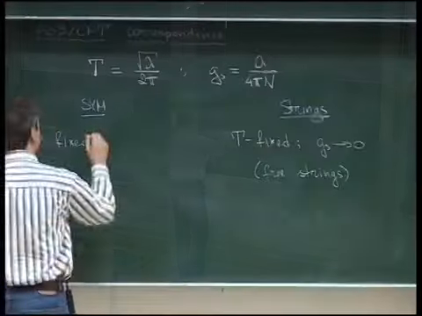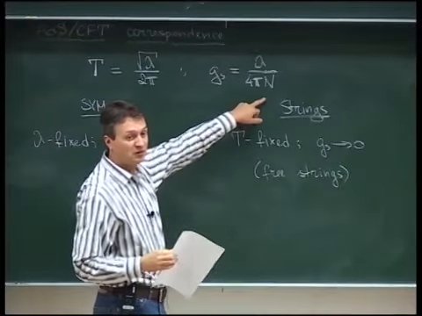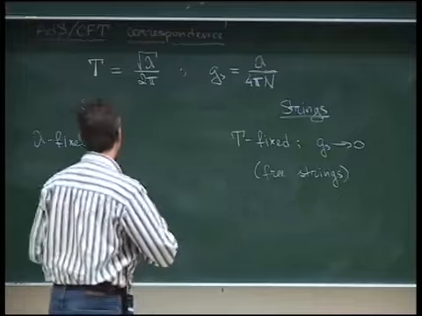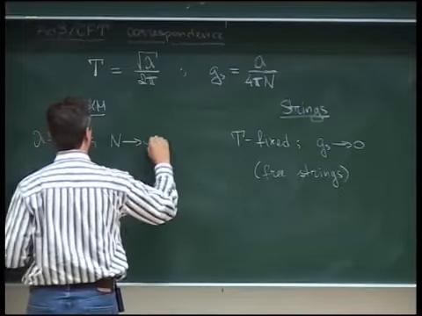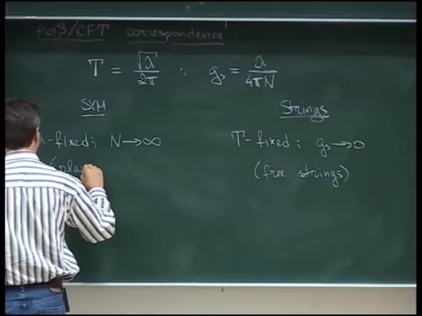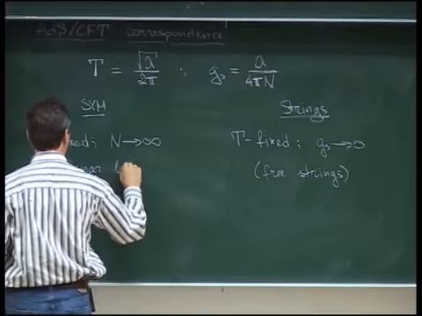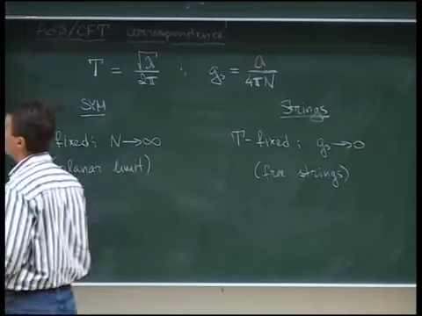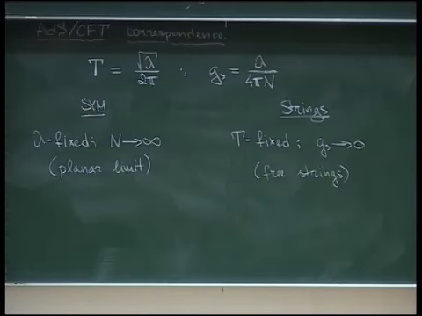But g_s contains 1 over N, so this limit amounts to taking N to infinity, and this is precisely the 't Hooft planar limit. So in this sum over diagrams of various topology, we keep the lowest possible one, for the surfaces which can be drawn without self-intersections on a surface without handles, so actually on the plane.